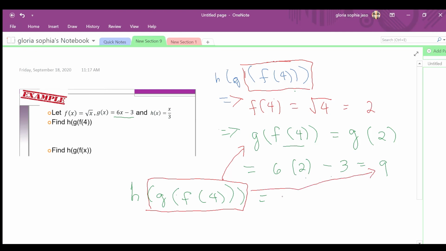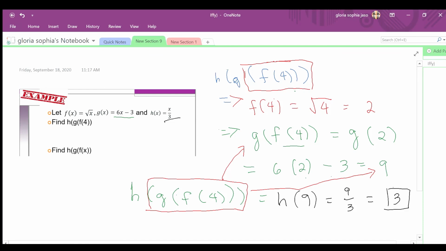Okay? So, yun na lang yung ipapasok natin kay h. Okay? So, para mas madaling matingnan, pwedeng h of 9 na lang. Okay? So, yung h of 9, ano ba si h? x over 3, class. So, 9 over 3, and that is equal to 3.